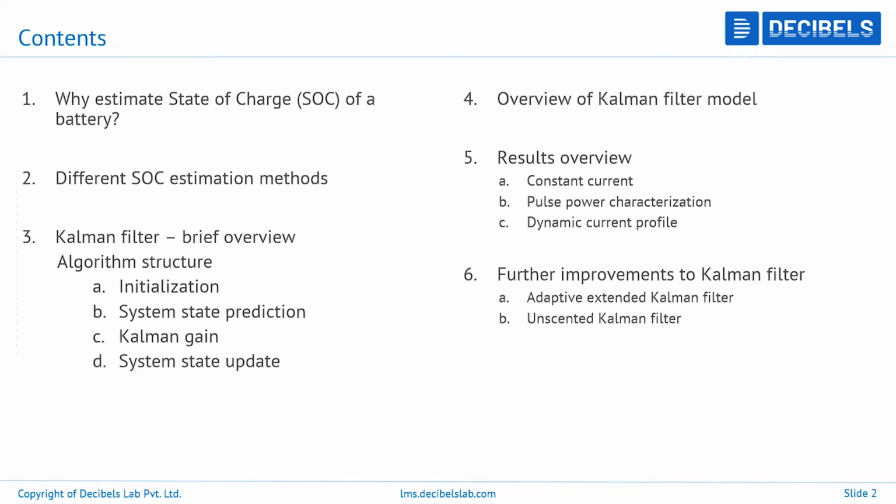Then we have the different SOC estimation methods. There are three estimation methods, which will be broadly discussed when we get to that topic. Just quickly, the first one is called lookup, also called the voltage lookup based method. The second one is called current integration.